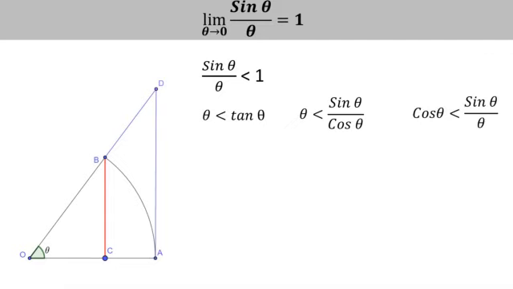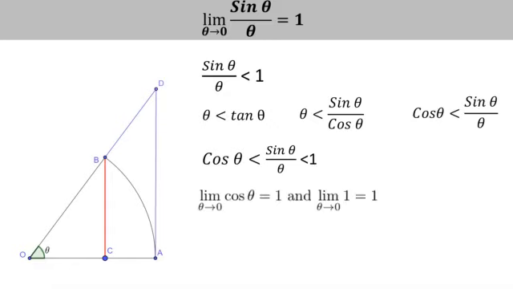Now these two inequalities together give cos theta less than sine theta by theta less than 1. Now we know when theta tends to 0, cos theta tends to 1, and the right hand side, which is 1, stays 1.